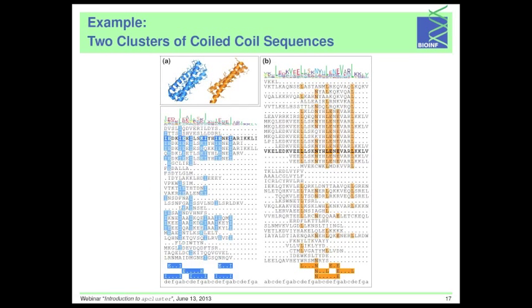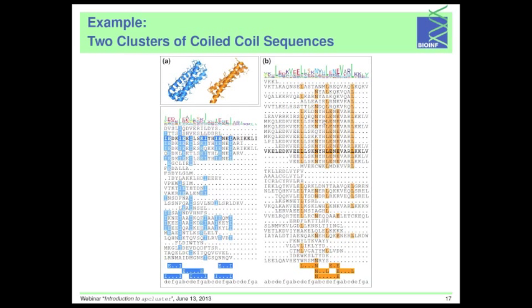So here is an example that I did myself, actually. You see here two clusters determined by affinity propagation of coiled coil sequences. I'm not going into much detail what a coiled coil is. It's just a special type of protein where you have these double helices like shown here. And the interesting thing is that the exemplars are shown in boldface.